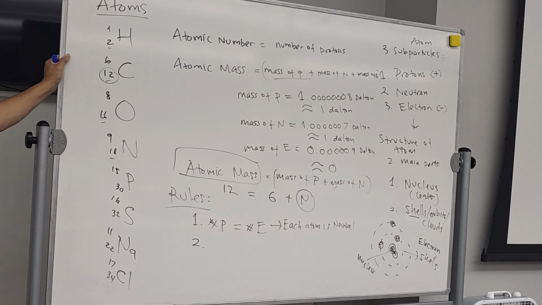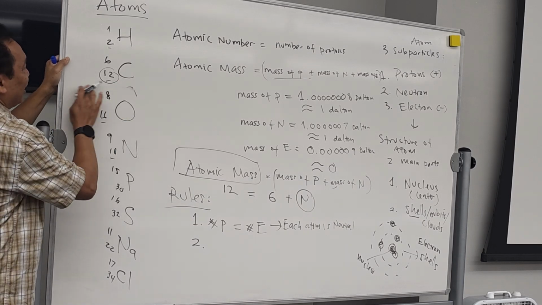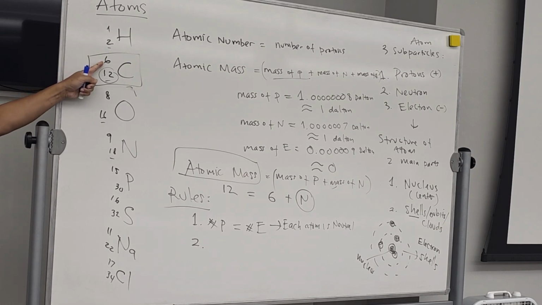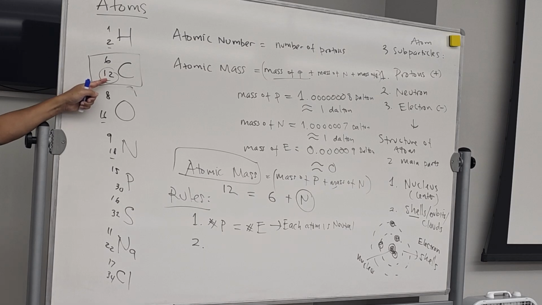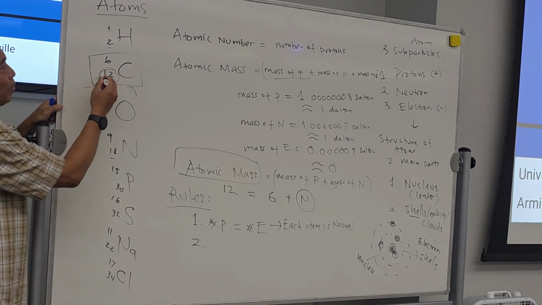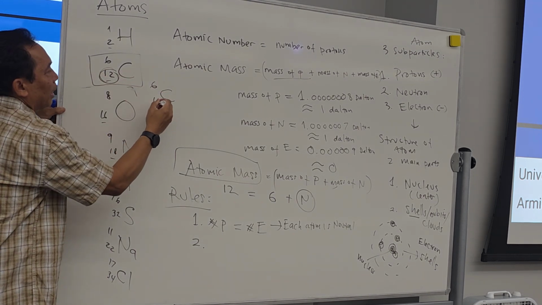What are the neutrons going to be? 6, right? 6 plus 6 is 12. So based on this number over here, can you tell me how many protons are in this atom? 6. How many neutrons? How many electrons? Also 6, right? Can you follow this? You get it, right? Because we will talk later about isotopes, where sometimes carbon is going to look like this.